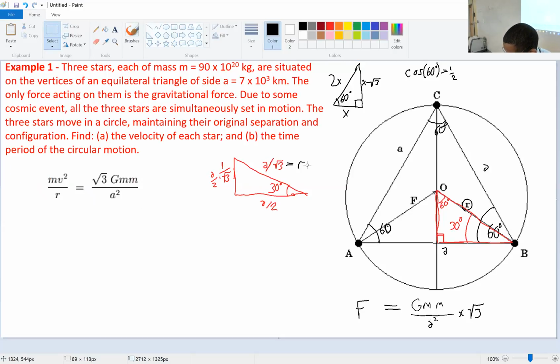Okay, so the whole purpose of finding R is to plug it in here. And fortunately, the square root of 3 cancels in this case. So we have A over square root of 3.